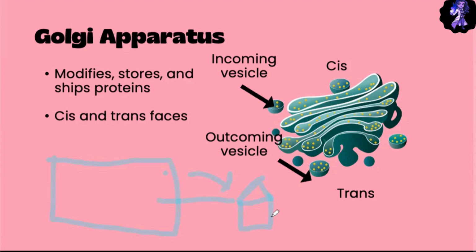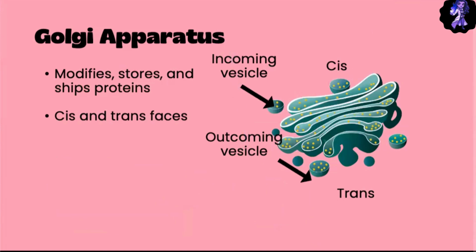Either they will close up your package, they will seal it, and then they'll send it to the appropriate person that it needs to go to. That's what the Golgi apparatus is. It is like the post office. So I think of it as the post office where everything needs to go in and out of the Golgi apparatus before either entering or exiting cells as a final check. So that's what the Golgi apparatus does.